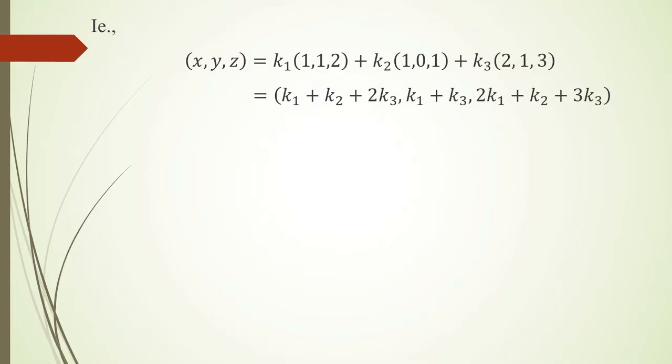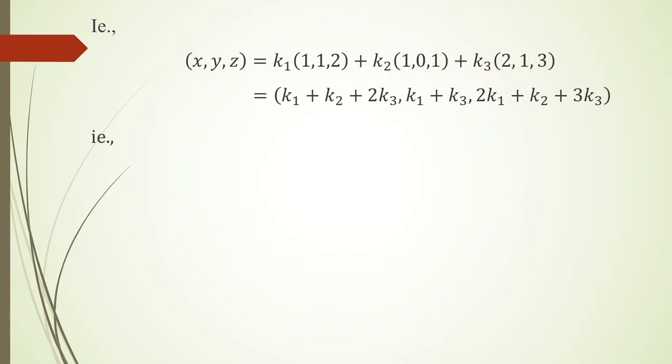So adding them, in the first position we will have k1 plus k2 plus 2k3, in the second position k1 plus 0 k2 plus k3, that is k1 plus k3, and in the third position 2k1 plus k2 plus 3k3.